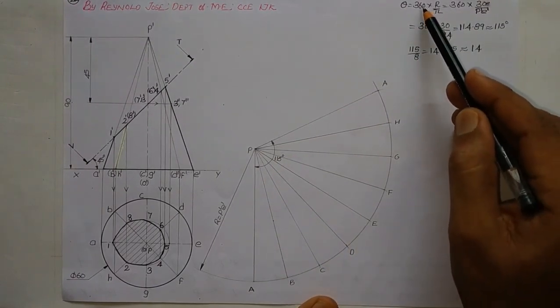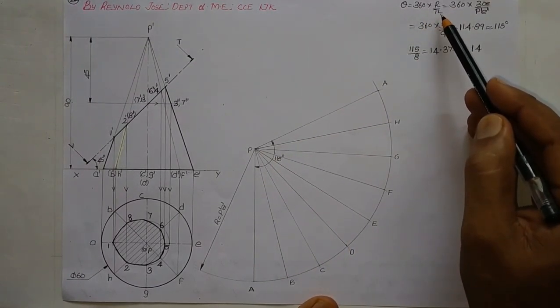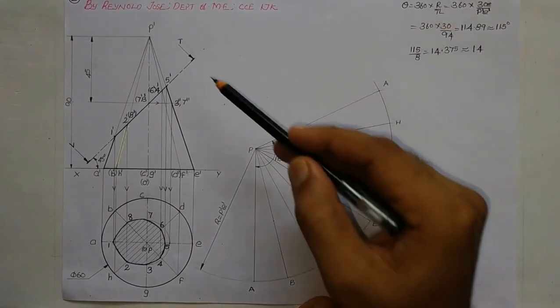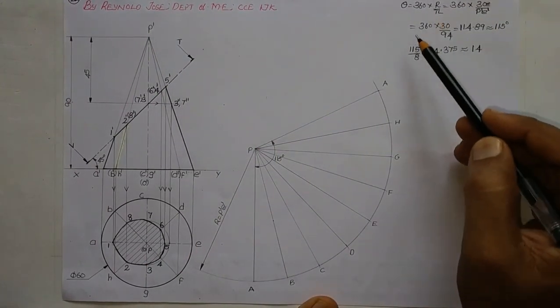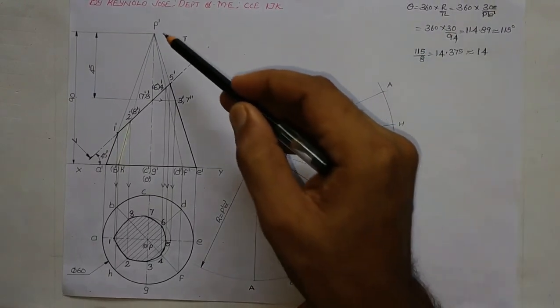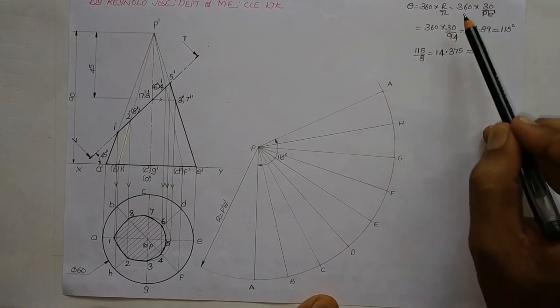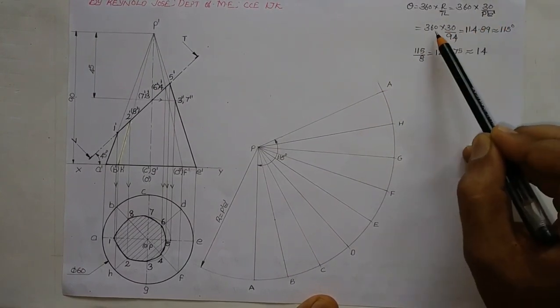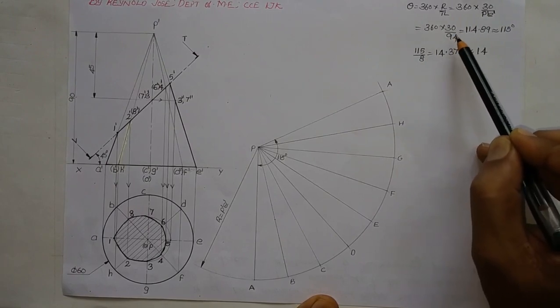So theta value is required for drawing this sector. So theta value is 360 into R divided by TL, where R is equal to 30 and TL is the true length of the generator. So it is P dash E dash. So it is 360 into 30 divided by P dash E dash. So it is 360 into 30 divided by 94.